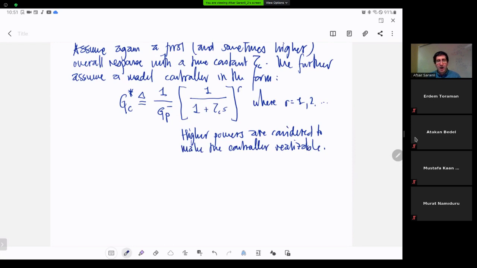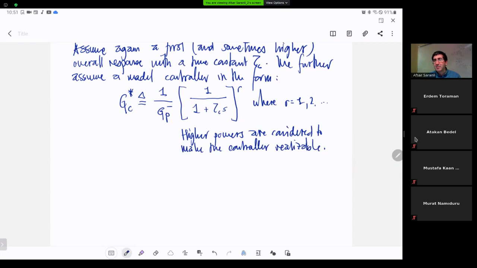If you increase r, you are actually increasing the denominator order of the controller. So that has an effect to cancel the order of whatever is in the numerator in 1 over GP. If GP is a high order system with a lot of terms in the denominator, which is often the case, then 1 over GP minus will have a lot of terms in the numerator.